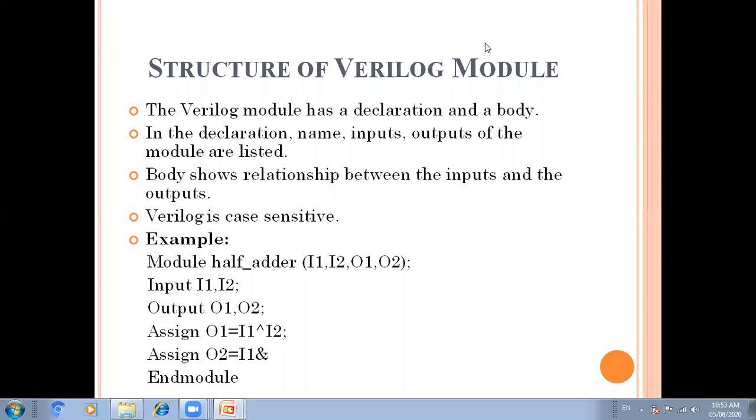Okay, so this is the full form of Verilog, and Verilog is only for digital IC, not for analog IC. So from a viva or oral point of view, if the question is whether Verilog is valid for digital or analog, it's only valid or useful for digital IC.